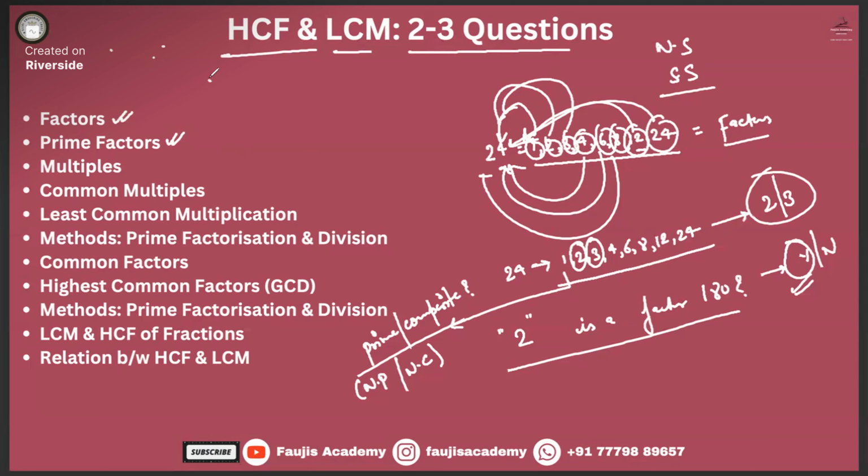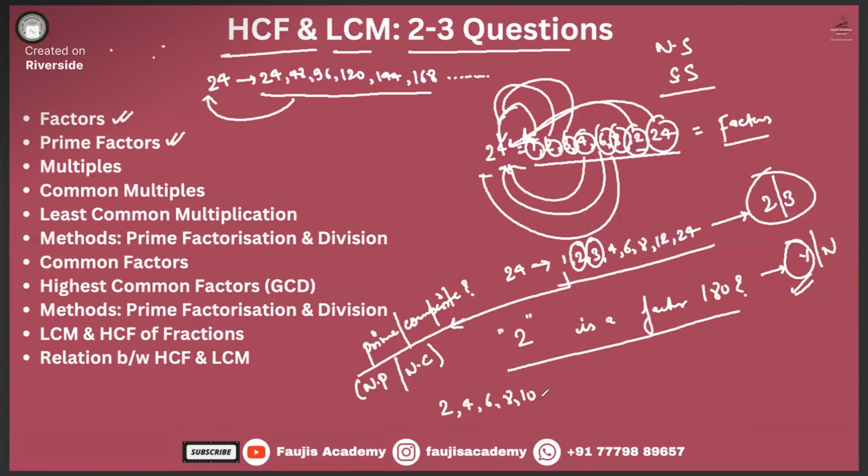Right, guys? Now let's work around with 24 itself. What are these numbers with respect to this number that I have given? Multiples. Tables, you must have studied. Table of 2: 2, 4, 6, 8, 10, 12, 14, 16, 18, 20.